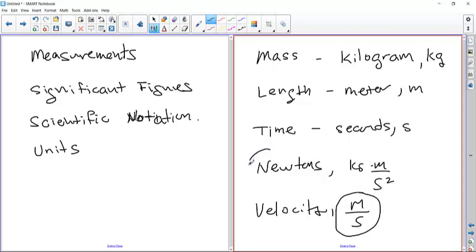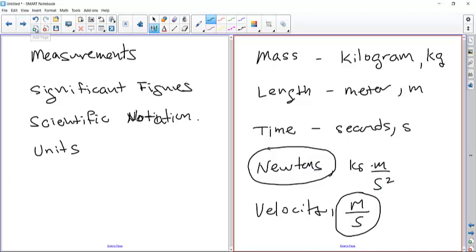Sometimes we define a new unit like newtons to replace this. So a newton is 1 kilogram meter per second squared, but we don't talk about units of force as kilogram meters per second squared. We talk about it in newtons. And then maybe if we need to do some dimensional analysis, we may rewrite it as a kilogram meter per second squared, but we'll normally call it a newton.